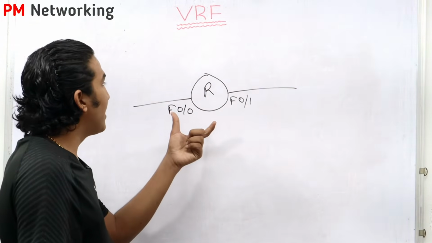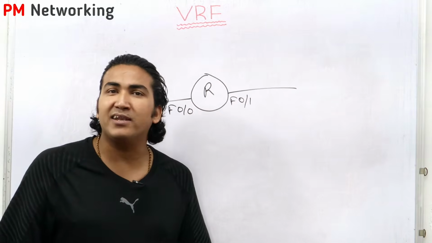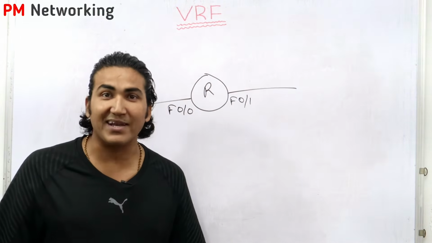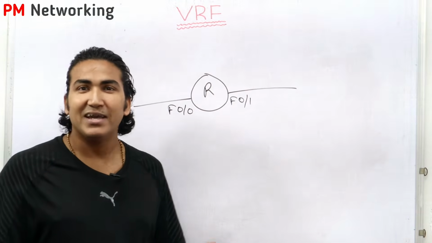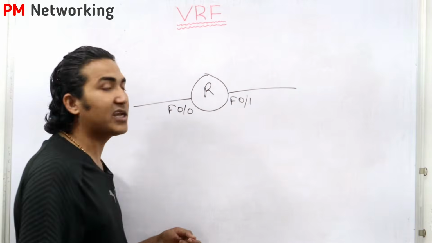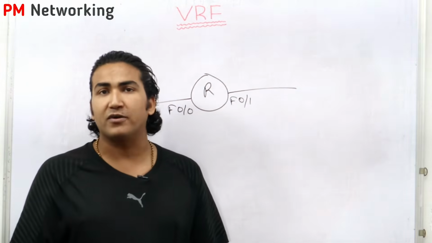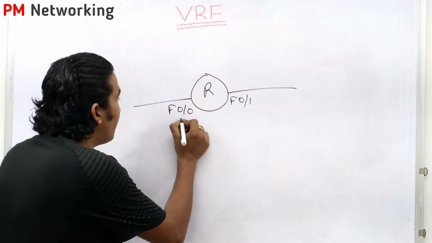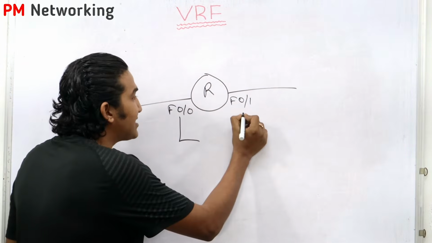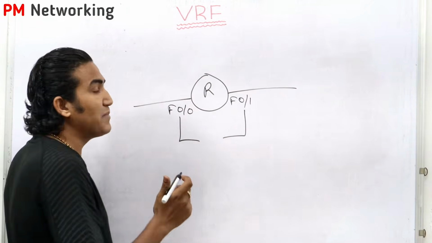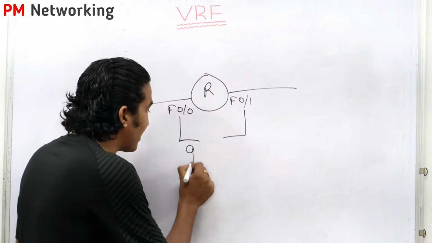Let's say my requirement is I need to configure the same IP address on both interfaces of the router. Right, this is VRF, by the way. In VRF, you will see you may need to configure the same IP address on multiple interfaces of a router. By default you cannot configure it, because both interfaces F0/0 as well as F0/1 are members of the global routing table.